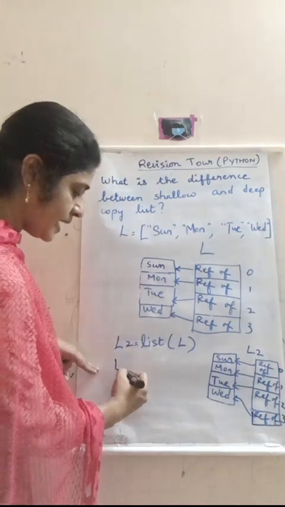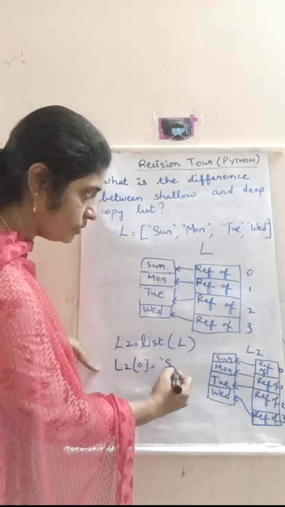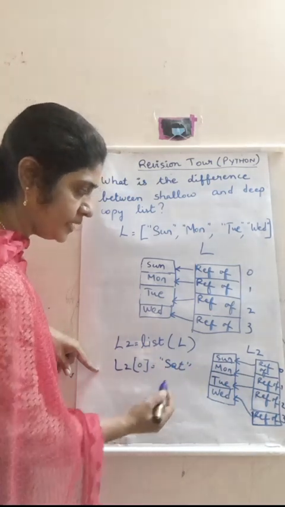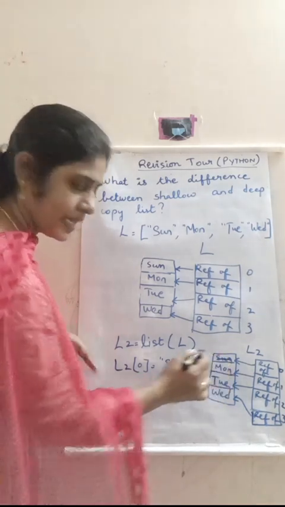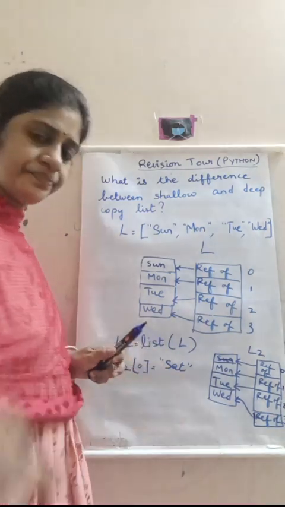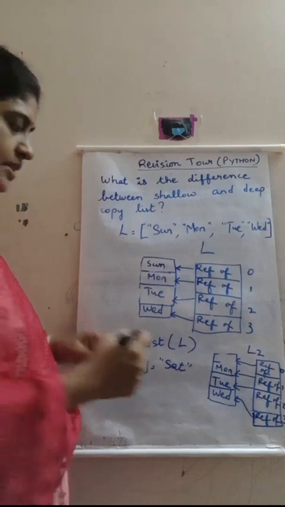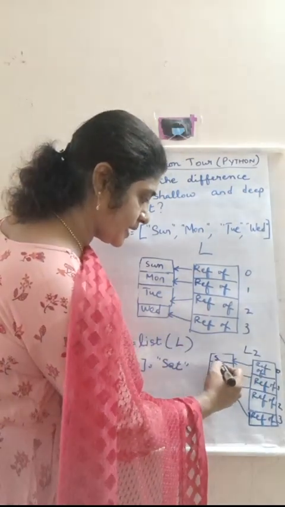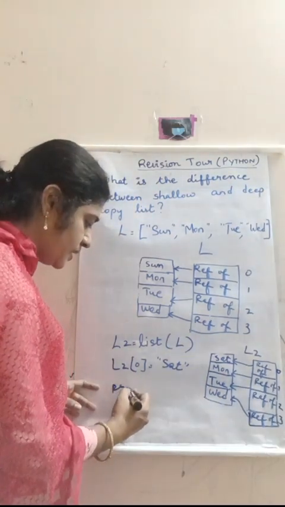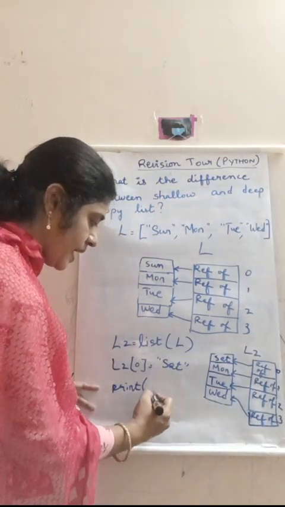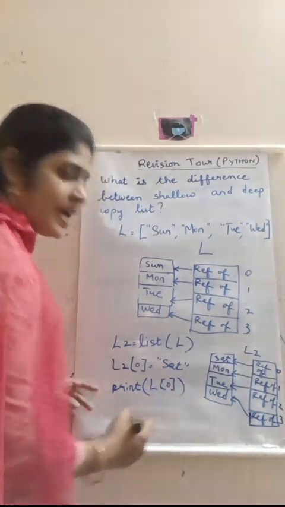If I write L2 of 0 is equal to Saturday, what will happen? In this location, Sunday will get replaced with Saturday. Now if I print L of 0, what will be the answer?